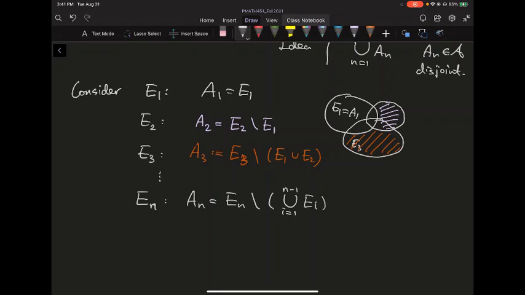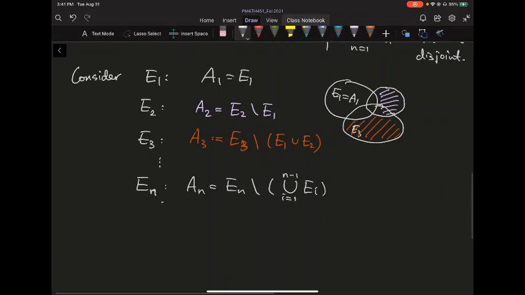You don't want any of them. So now we can just keep going, and we get a sequence of An. They look quite disjoint to me, and hopefully the union of En equals the union of An.